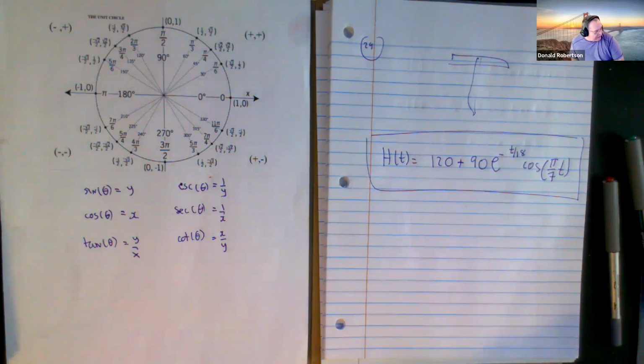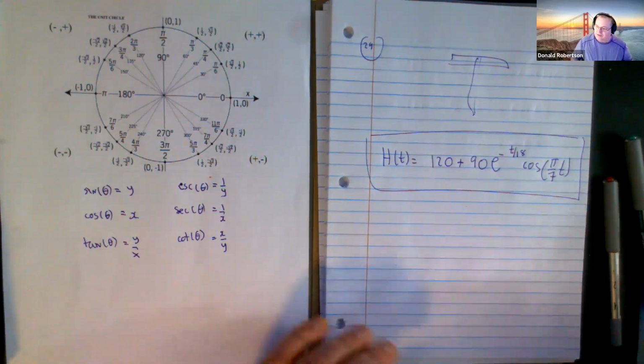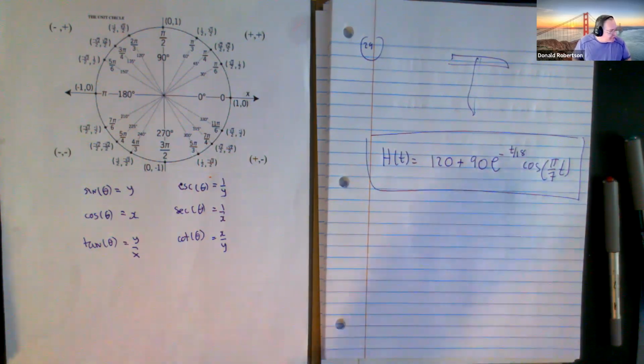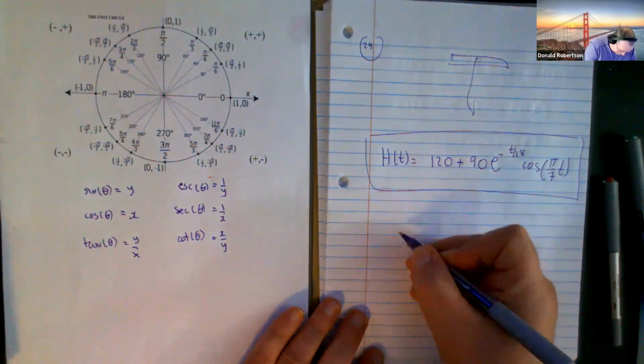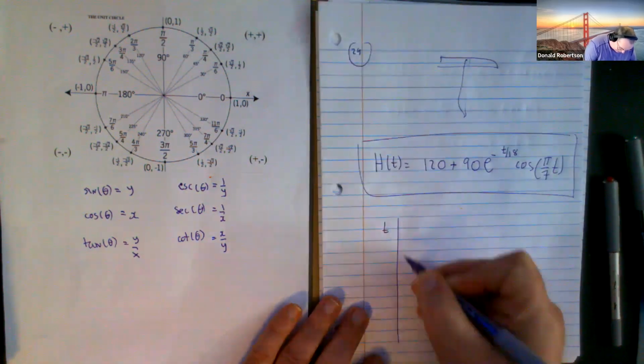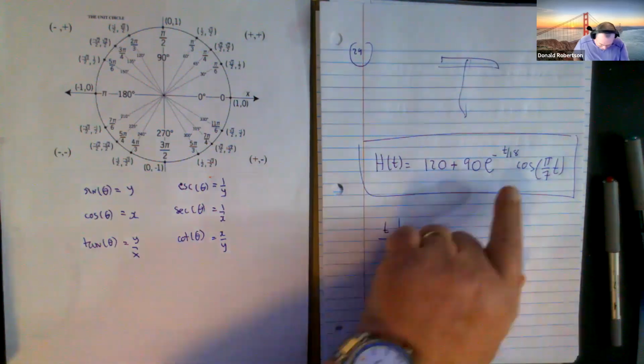So like every question, all you're really going to do is hit buttons on your calculator, right? And be careful, and that's it. Now they want all these answers to be rounded off. So here t represents time.